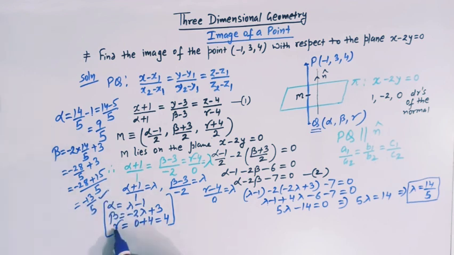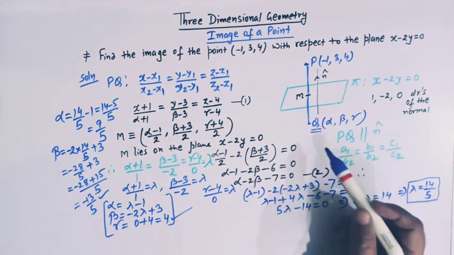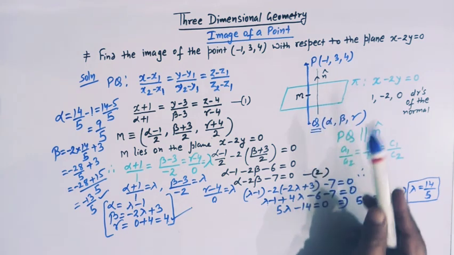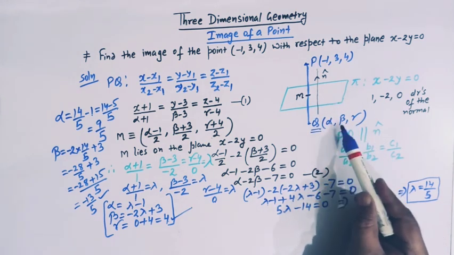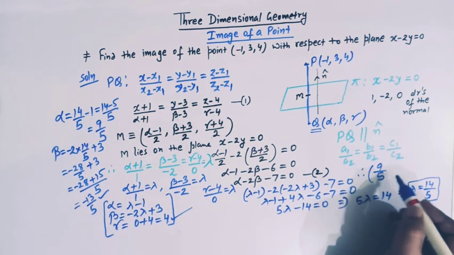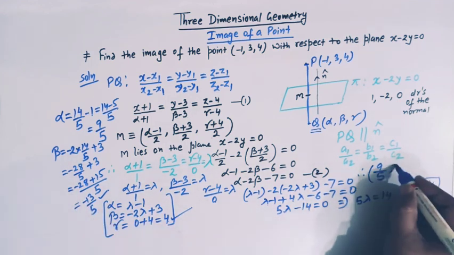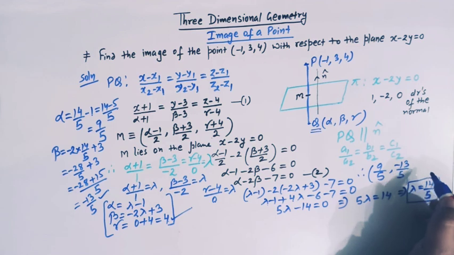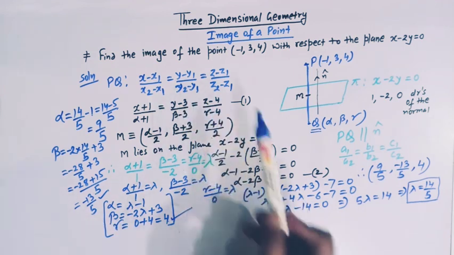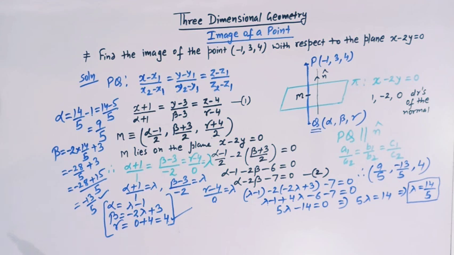And gamma is obviously equal to 4. So the coordinates of the image of this point P with respect to this plane are alpha is 9 over 5, beta is minus 13 over 5, and gamma is 4. So viewers, this is how we find out the image of a point with respect to a plane.